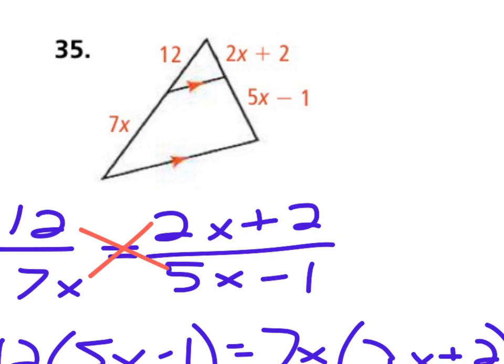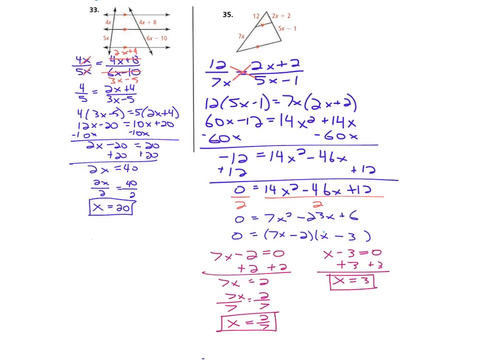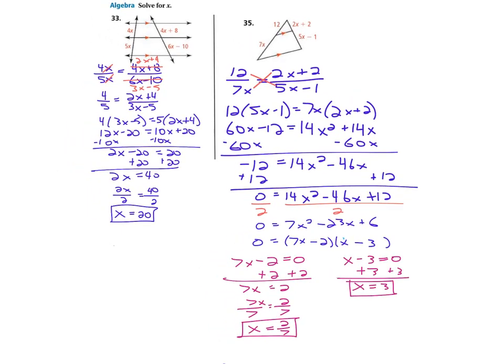But you don't get negative numbers when you put in 2/7. You also don't get negative numbers when you put in the 3 that we got down here. So both of those are solutions that would set the proportion to be true.